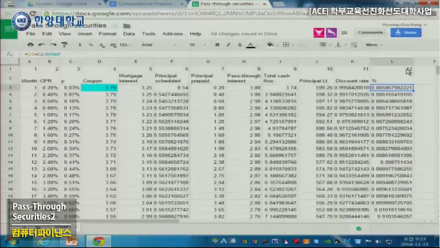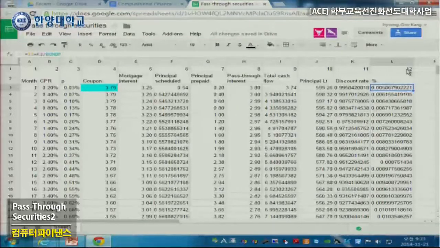Of course, bond price is the sum of discounted cash flows, and this one is just one particular discounted cash flow. So this ratio is the entire bond price and one particular discounted cash flow.